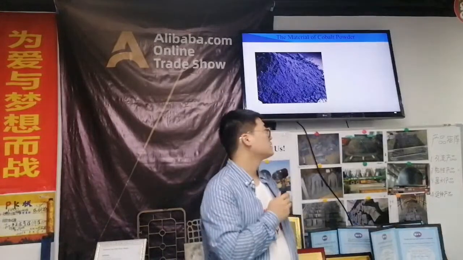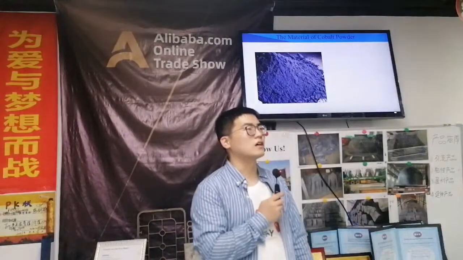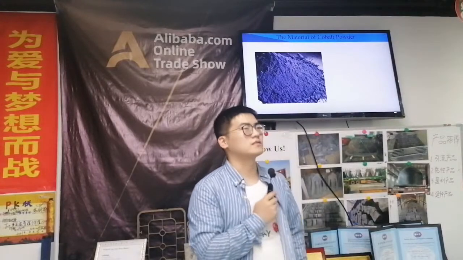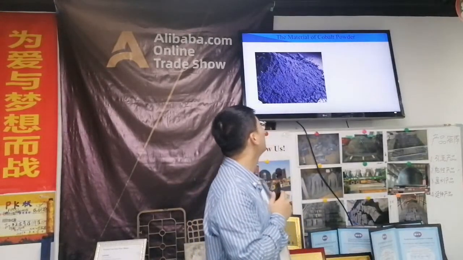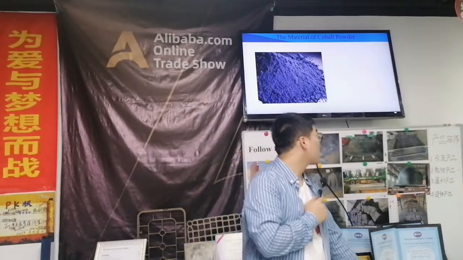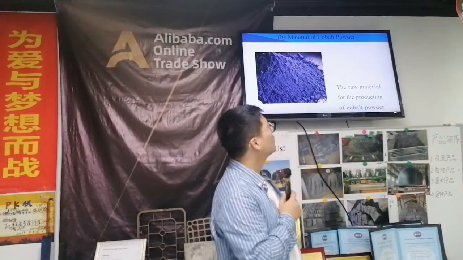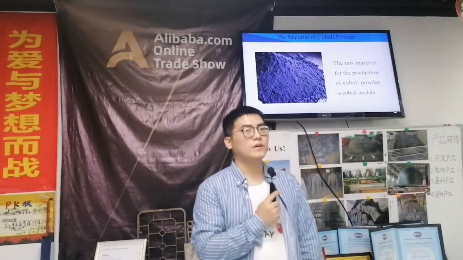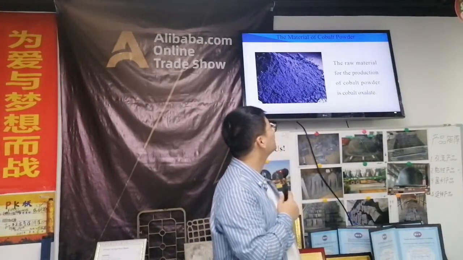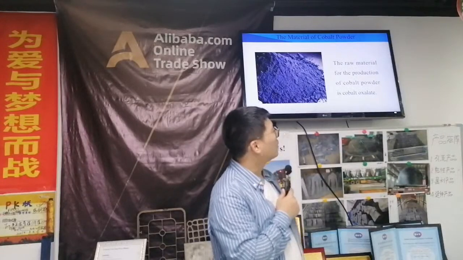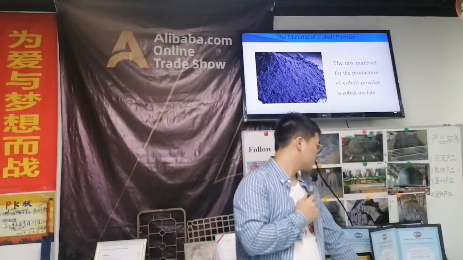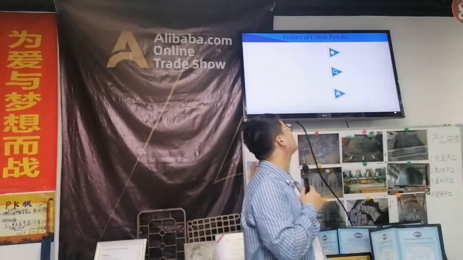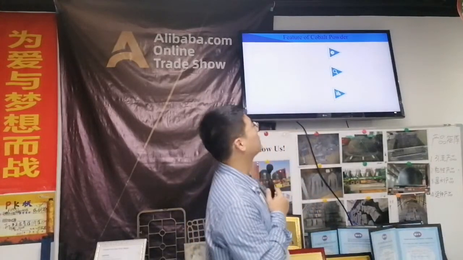Maybe you think it looks like the nickel powders, which I showed you before, but in fact it's a cobalt powder. The raw material for the production of cobalt powder is cobalt oxalate. Now I will show you some information about our cobalt powder.